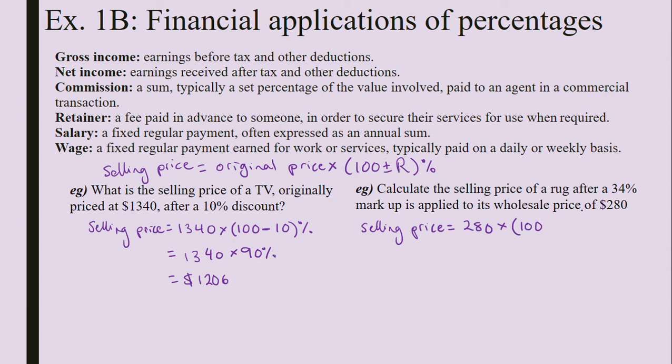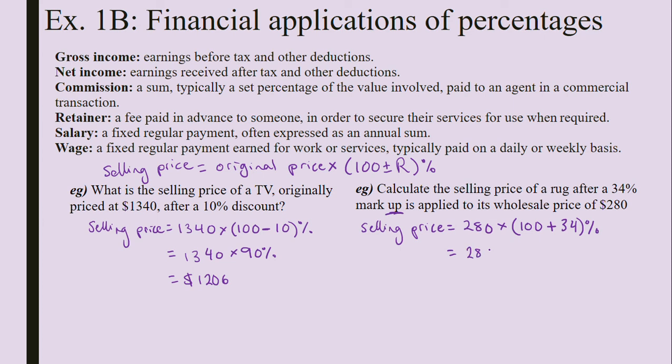This time we're marking up. When we mark up, we increase the percentage amount that we're paying, and that amount is 34%. I'll put the percentage outside. So what this means is that the retailer purchases the rug for $280. How much are you going to spend for it after they apply this markup? That would be to perhaps cover their rent or their employees' incomes or their own profit margins.